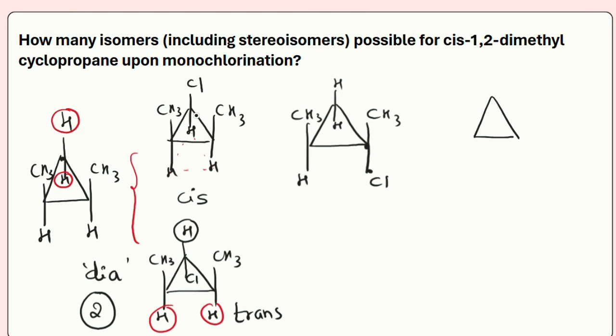So here this will become 1-chloro-2,3-dimethyl, but here it will be 1-chloro-1,2-dimethyl. So they are positional isomers basically. These two are not the same molecules. They are positional isomers. What if we remove from here? Is it the same molecule or a different molecule? Of course, it is a different molecule, although these two carbons look similar.